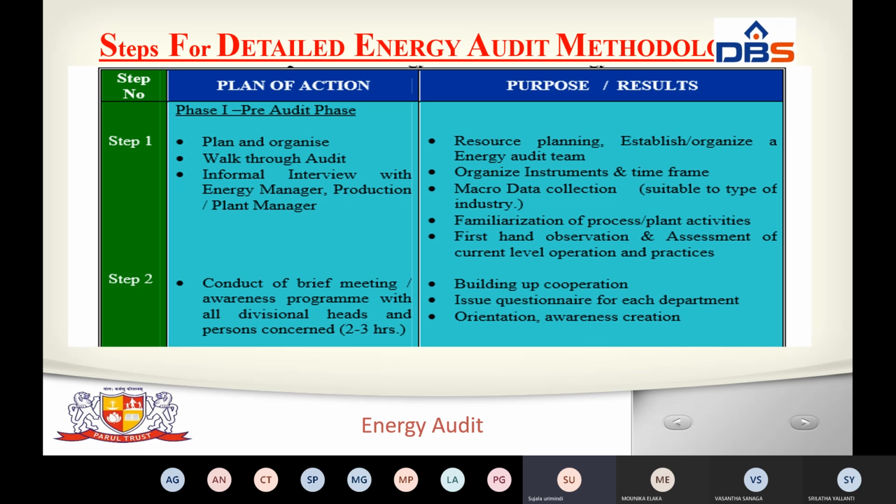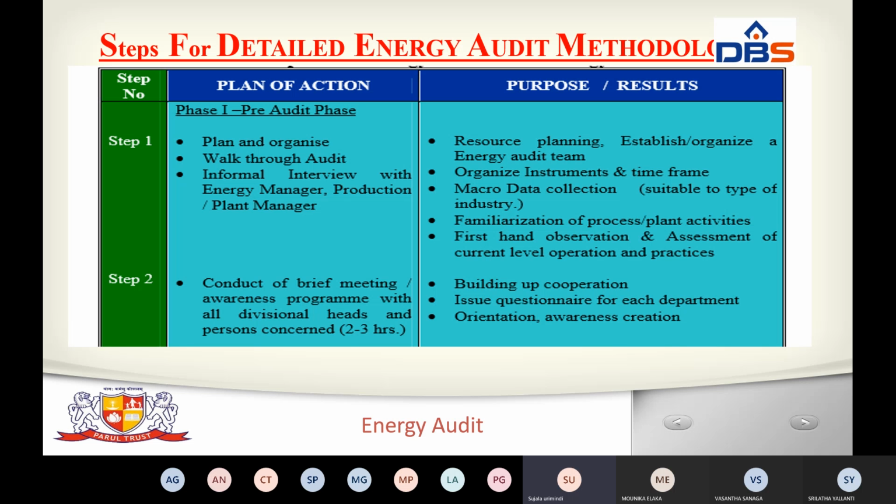Under the predetermined phases, there are step 1 and step 2. Step 1 is plan and organization. The purpose of the plan of action is resource planning, organizing instruments, macro data collection, familiarization with process plant activities, first-hand observation, and assessment of current levels.